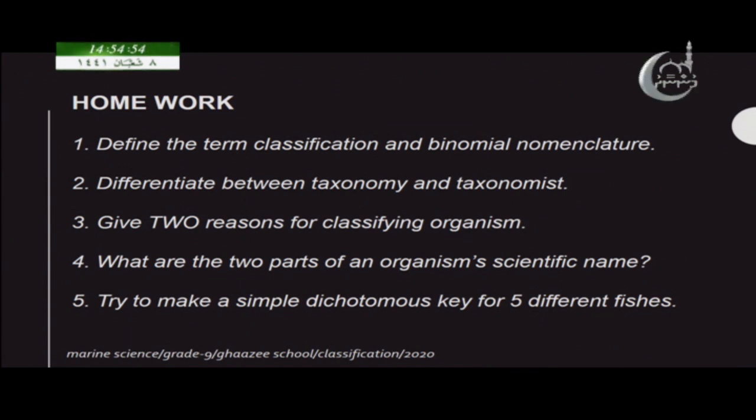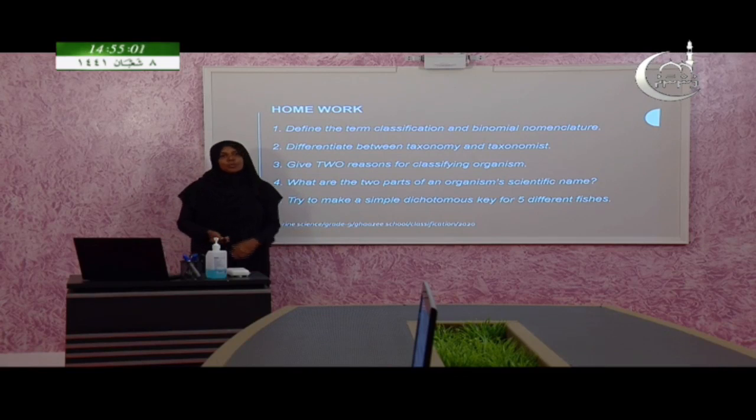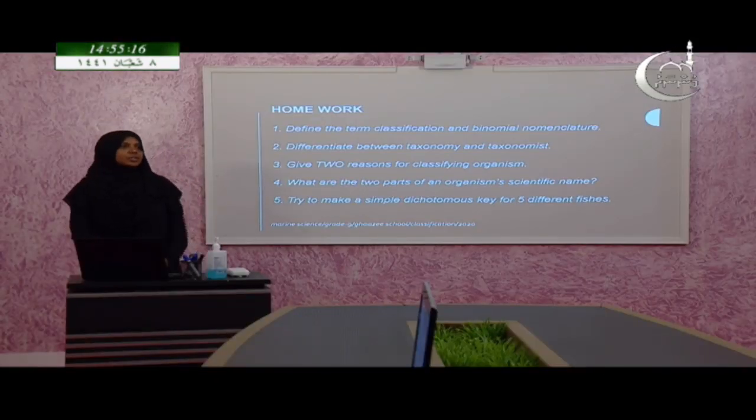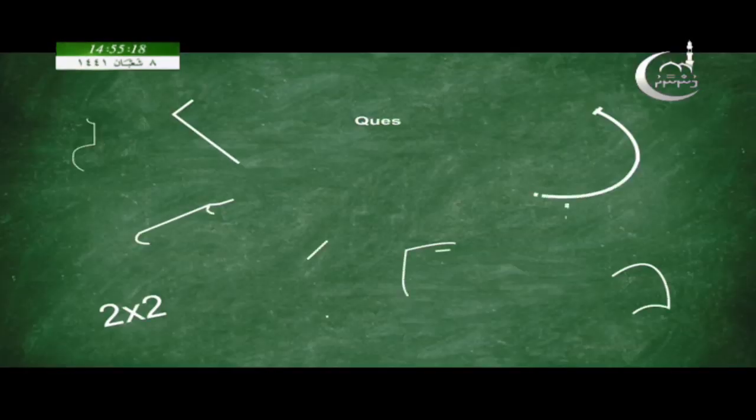You can just get pictures of 5 different fishes and then try to make a dichotomous key to identify those 5 fishes. So that's all, and I hope you all understood what is classification and how the dichotomous key works. That's all. Thank you.